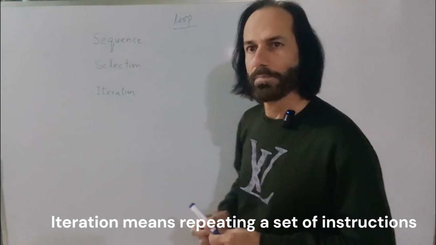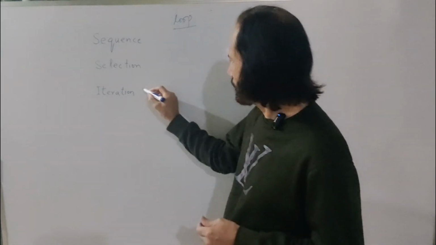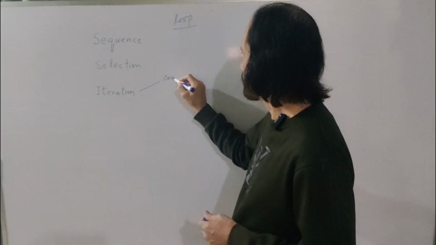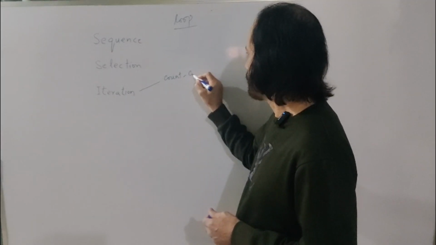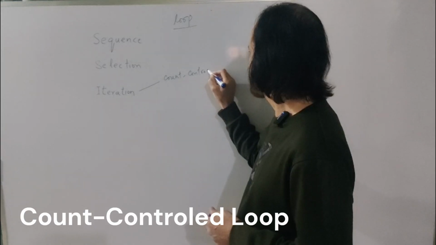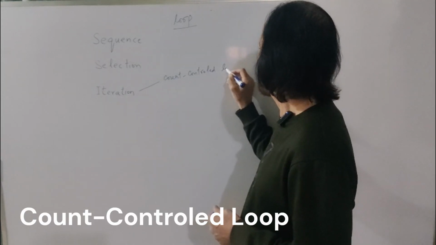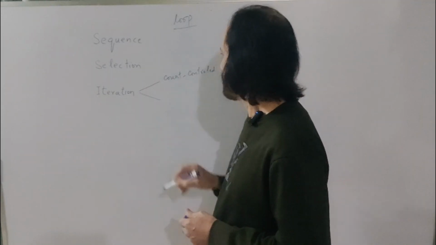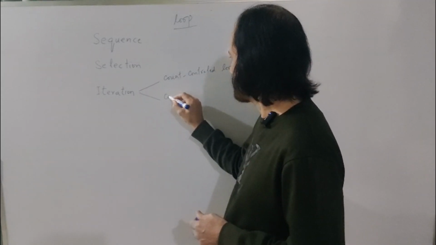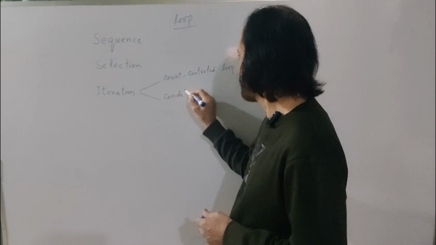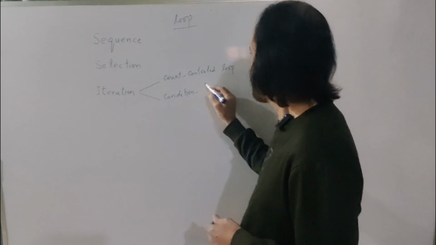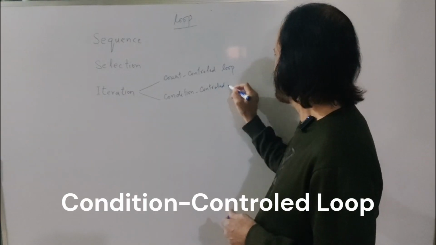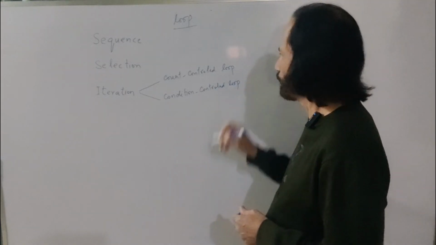So the two main types of iteration are, number one, count controlled loop, and the second type is condition controlled loop.